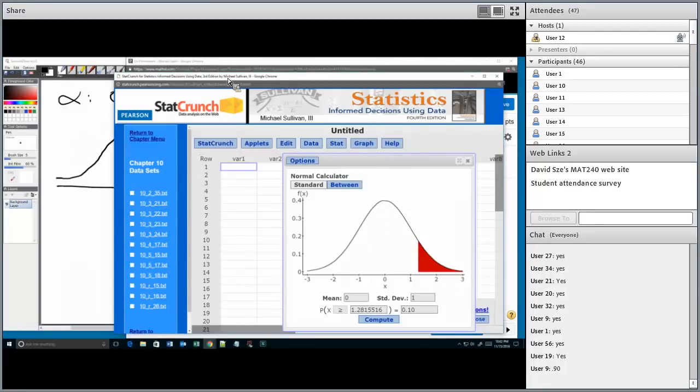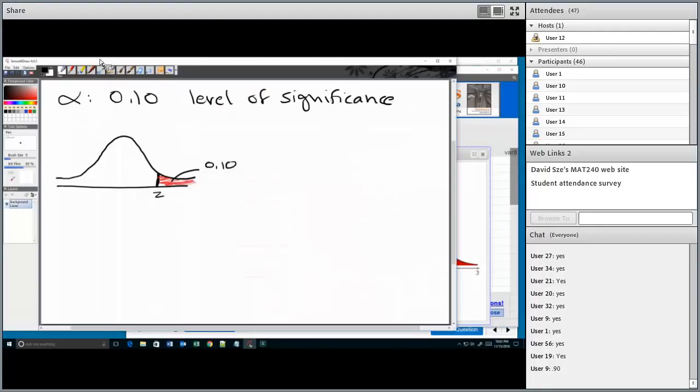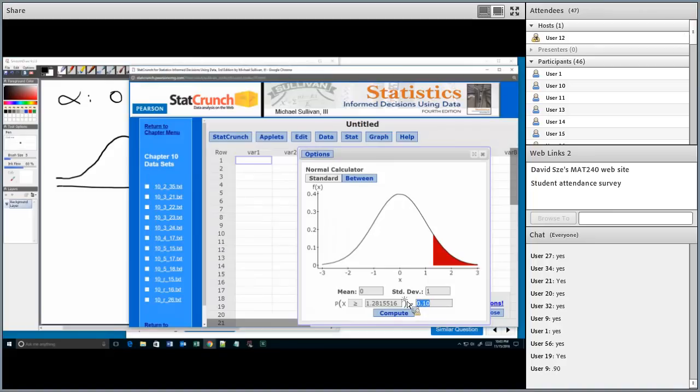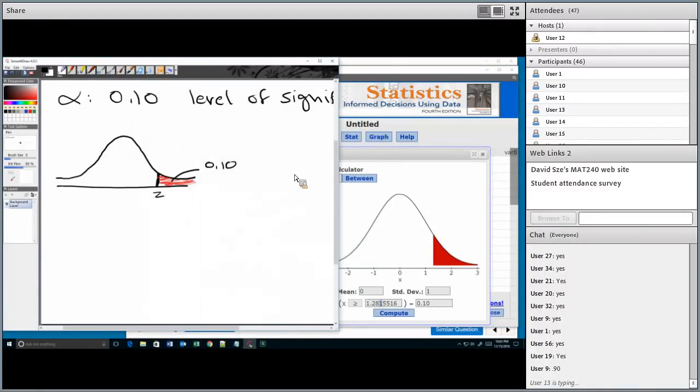And here it is. See, exactly the same area that I was looking for, right? This area under the curve is 0.10, and this critical value here is 1.2815. So this z is 1.28.